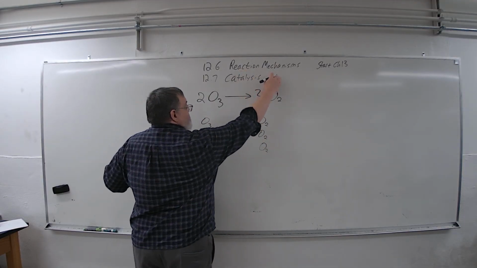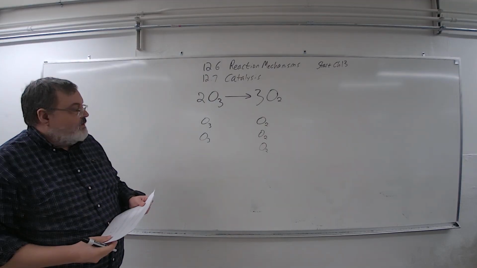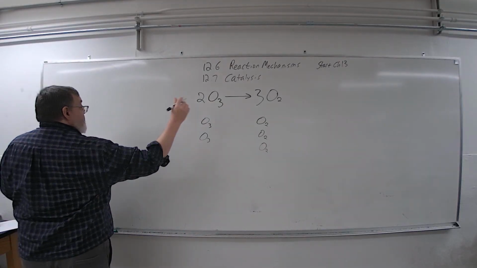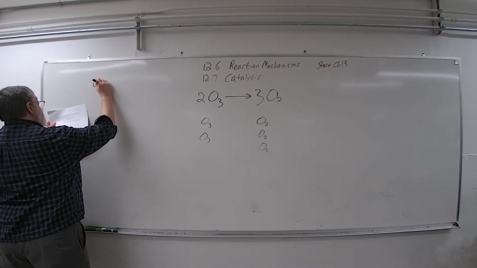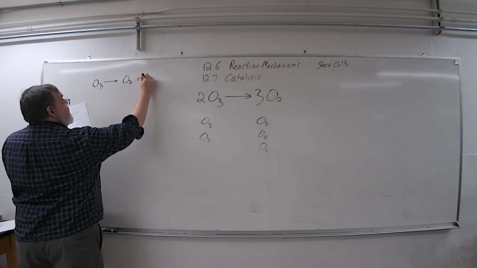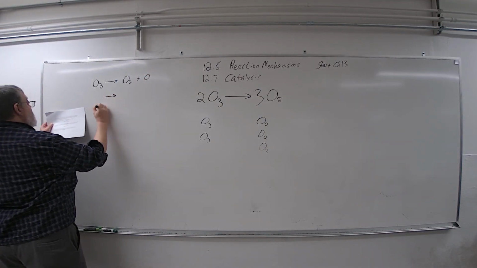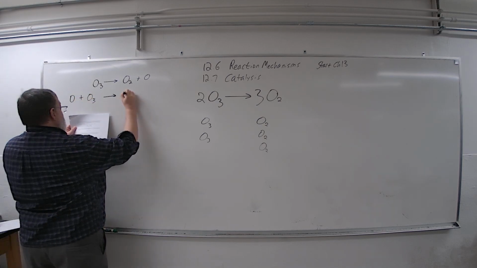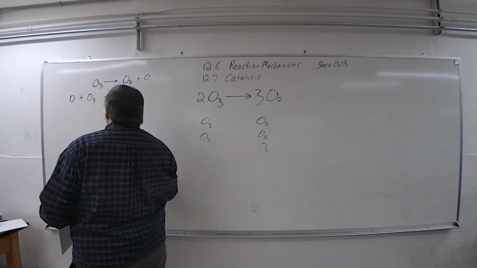The idea of a reaction mechanism is you break it down into steps that actually do occur. So this is just a very general statement. You can break that down into these two steps. O3 splits out into O2 plus oxygen, and then those two steps.